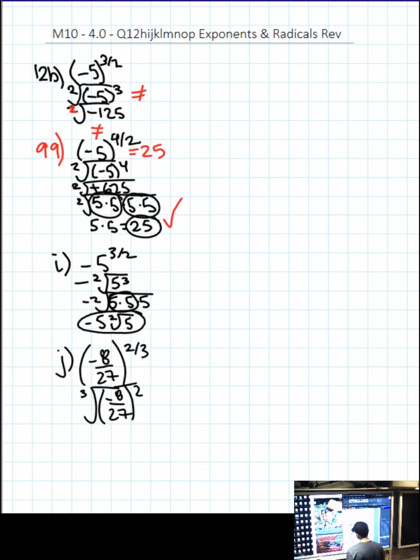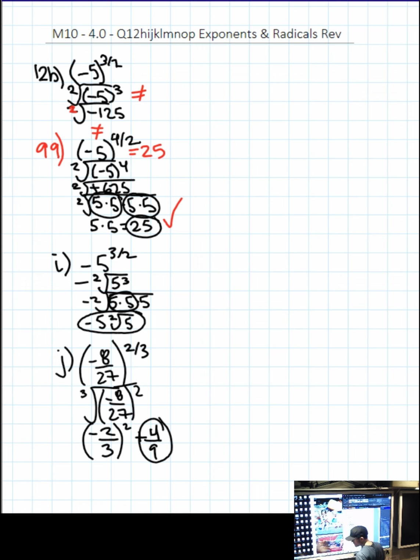Now on the inside we're cubing negative 8. So we're going to cube the negative, so we get a negative because you can cube root a negative and it becomes negative. Then we have the cube root of 8 is just 2. Then we have the cube root of 27, which is just 3. Then I'm squaring it. If I square a negative, I get a positive, so it's going to be positive. 2 squared is 4, and 3 squared is 9.